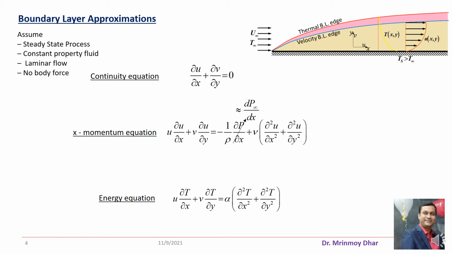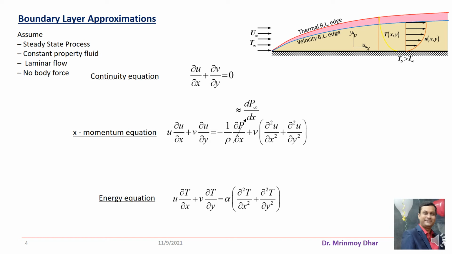In the x momentum equation, first we look at the pressure gradient term, the first term on the right hand side of the x momentum equation, minus 1 by rho del p del x. This pressure gradient term can be approximated like this, dp infinity dx. Let me explain it.